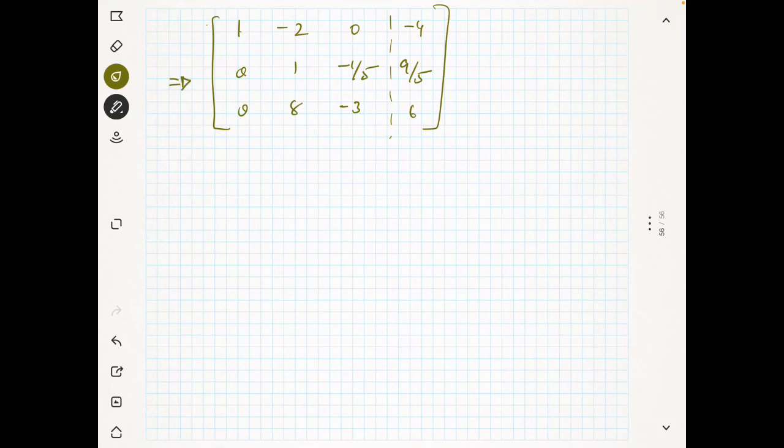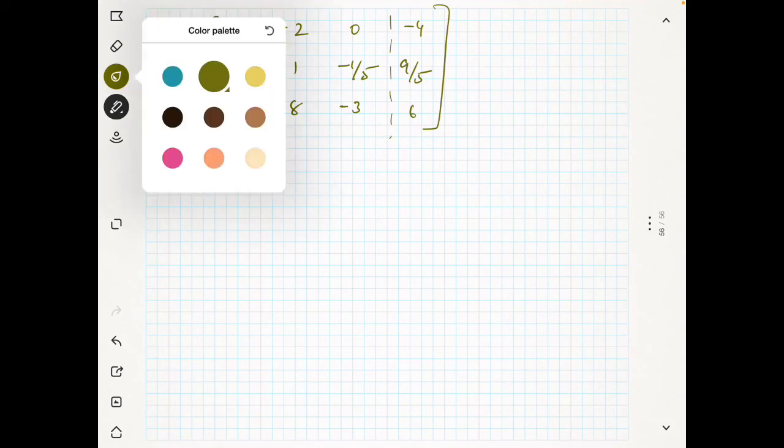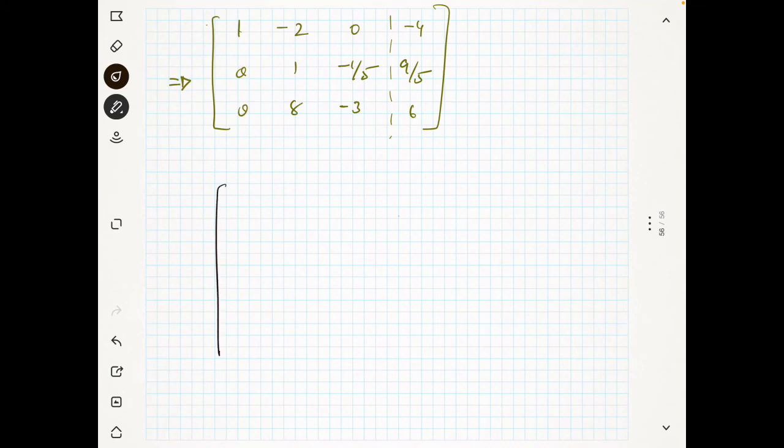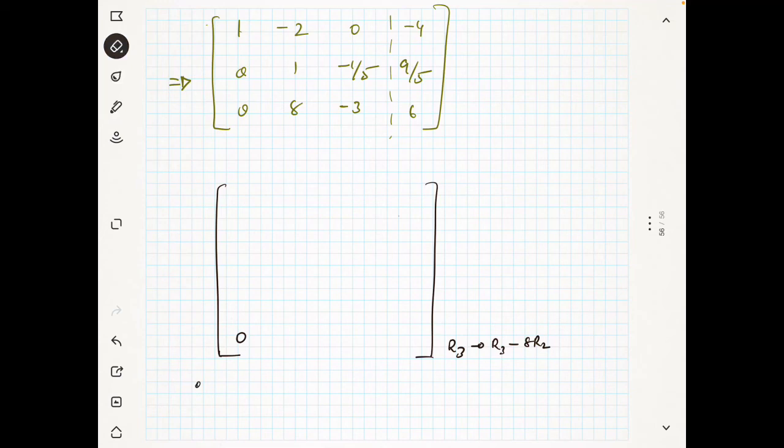Now I am going to change this augmented matrix to something like this. R3 becomes R3 minus 8 times R2, right? And so this becomes, I will write the steps here itself. 0 minus 8 times 0.